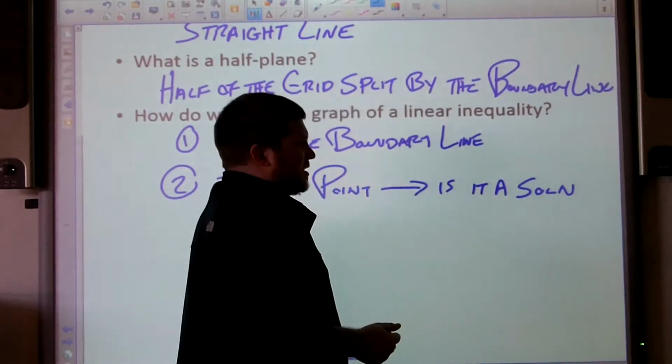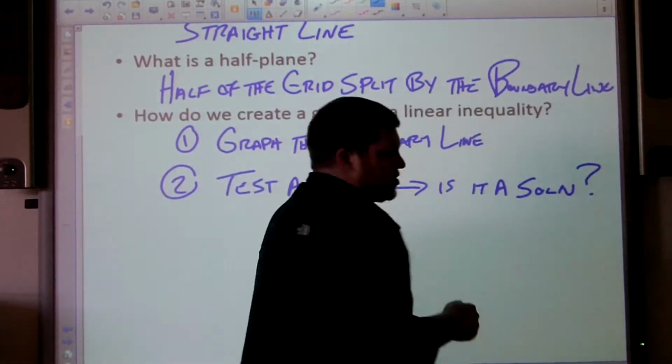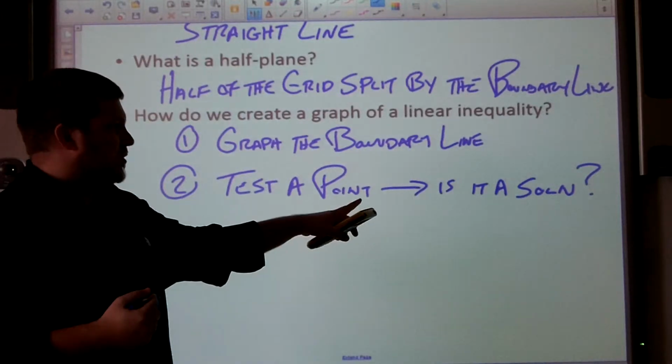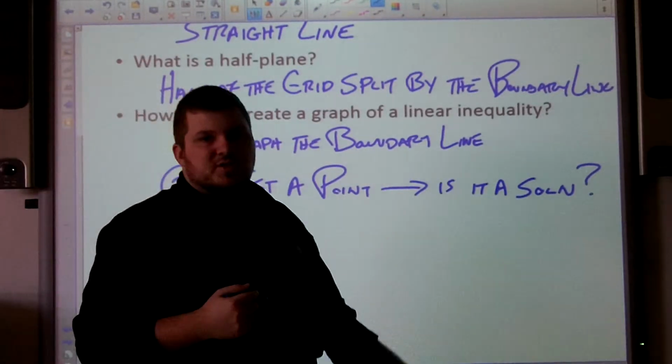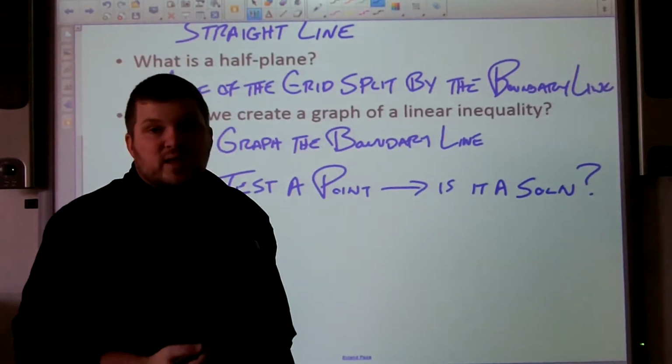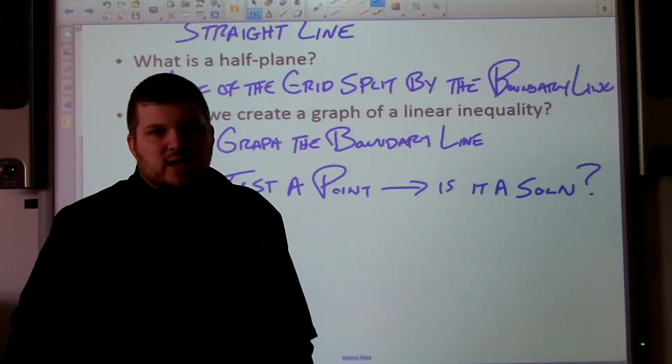What you're trying to find is, is it a solution of the inequality? Just like we did on the previous slide when we were testing points. If it is, then you shade the side where the point lives.